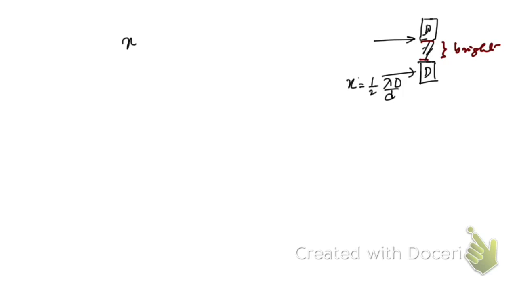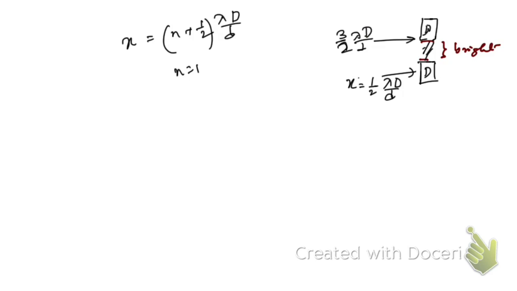So the position of a dark fringe is given by (n plus half) lambda capital D by small d. This is the formula. If you put the value n equal to 1, you're going to get the position of the second dark fringe, that is 3 by 2 lambda capital D by small d.